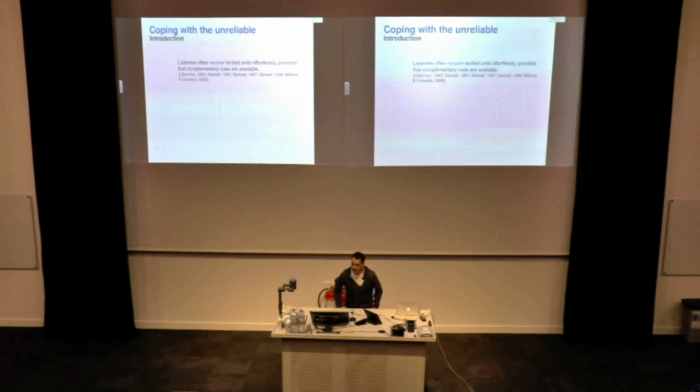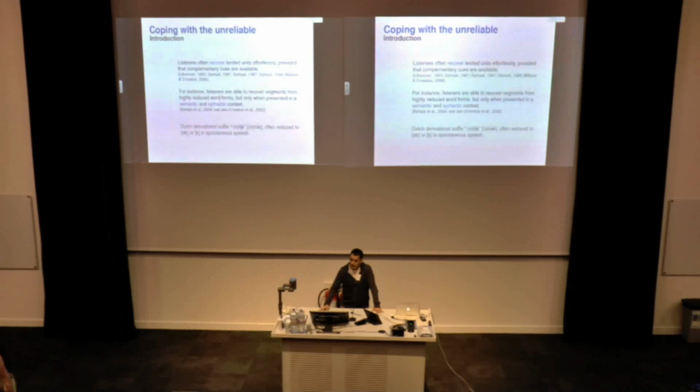And it happens that often listeners just recover the units, apparently effortlessly, provided that some additional information is available in the signal. Normally, this information has to be semantic or syntactic, and there is a body of research on highly lenited units.